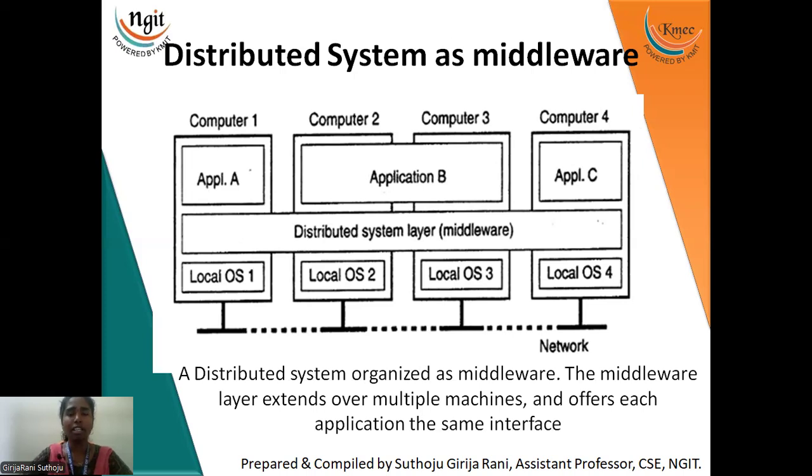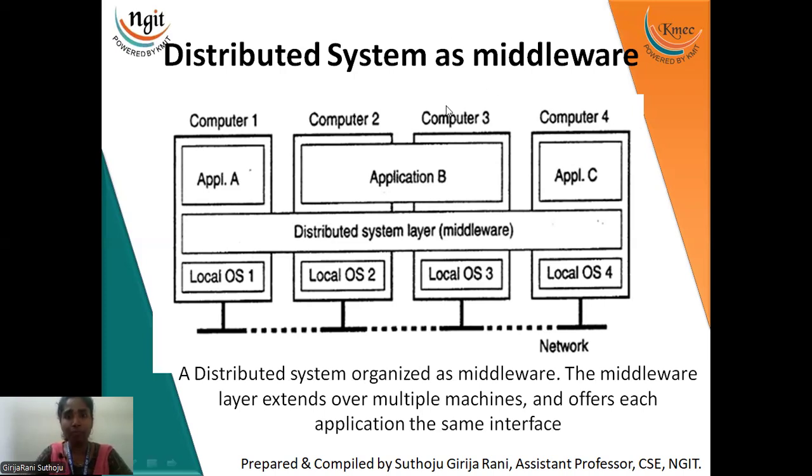As the name itself says, it is distributed, meaning systems are going to be shared between a number of applications, right? When this is happening, a layer should be there which gives a common interface to all the applications, right? So see this diagram here.